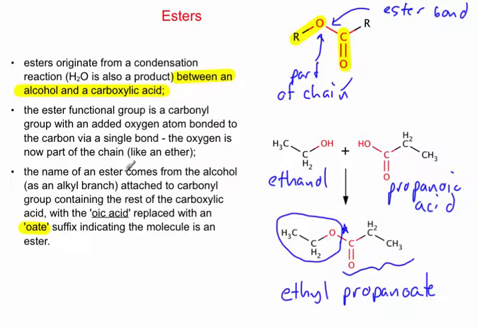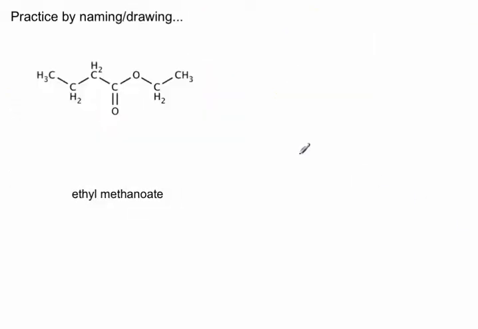And the functional group is recognized then as this C double bond O within the chain. It's really important you realize this ester functional group must be within the chain. So again, a little bit of practice, and for my mind, what you want to do first is identify the ester bond.